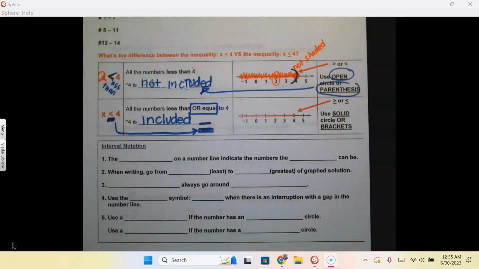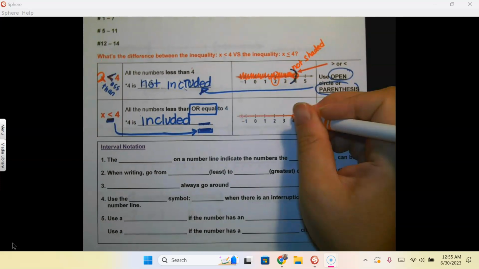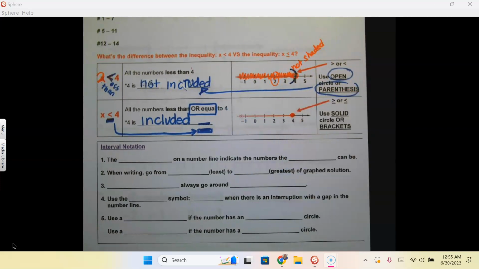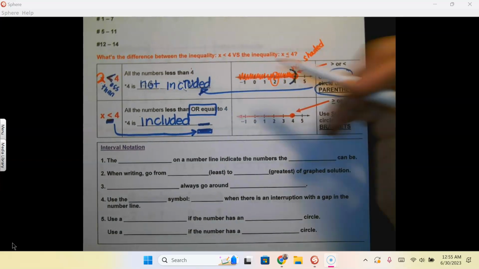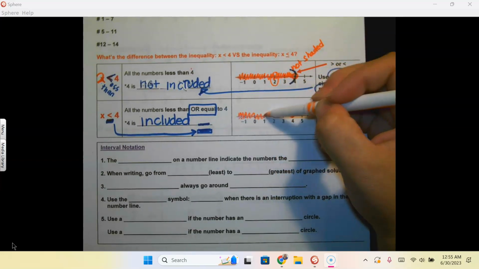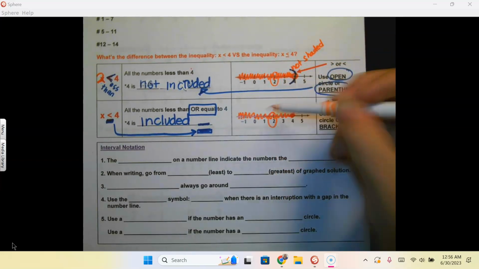Now when we want to include that 4, we're going to shade the circle in to show that that 4 can be a solution, because all the shaded region shows where the solutions are. And again, we still shade this left side here because it shows where all the numbers are that can go in for x.